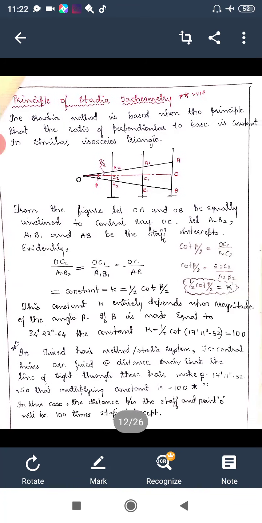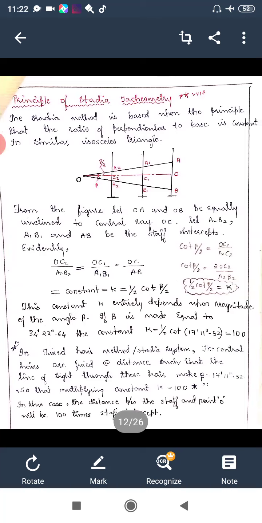Now here, as I said, there are two things you have to keep in mind when we call an instrument a tachometer. Basically you are going to use a theodolite only, but if that theodolite has a diaphragm, then we call it a tachometer.